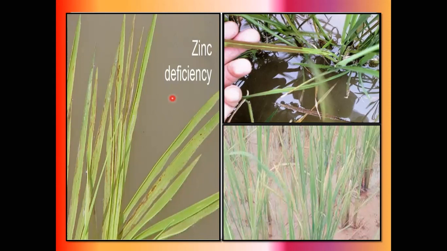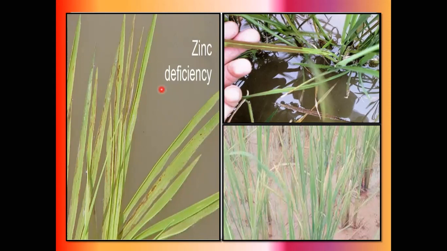Then if well water has high sodium carbonates and bicarbonates, suppose this well water or bore water has a high percentage of them, so this type of symptom is seen.